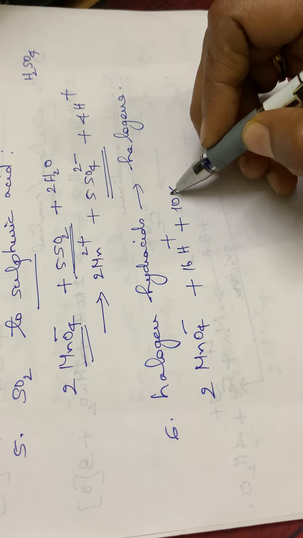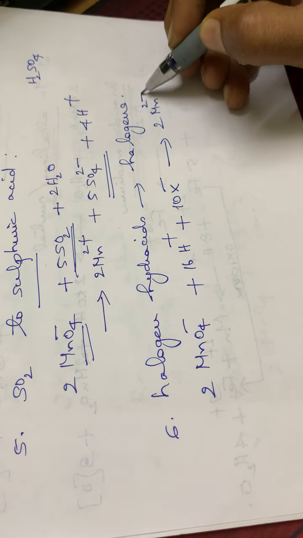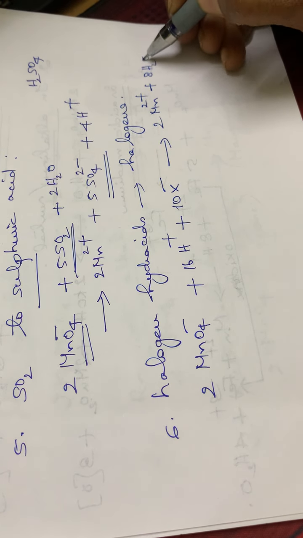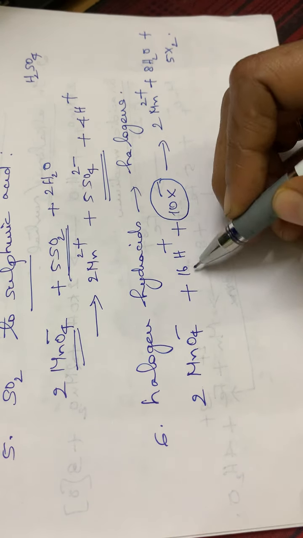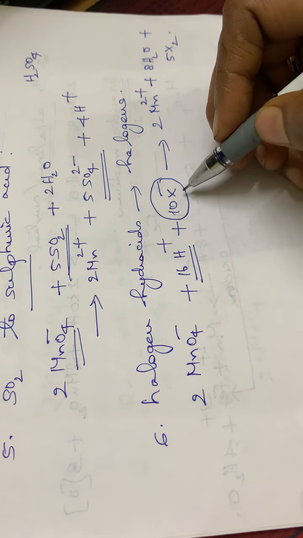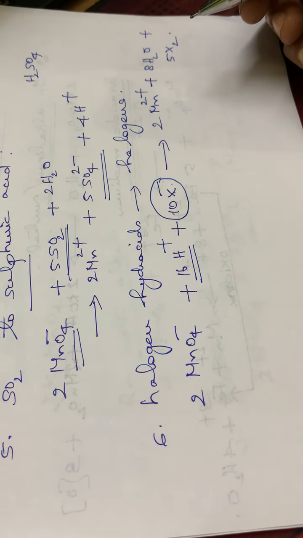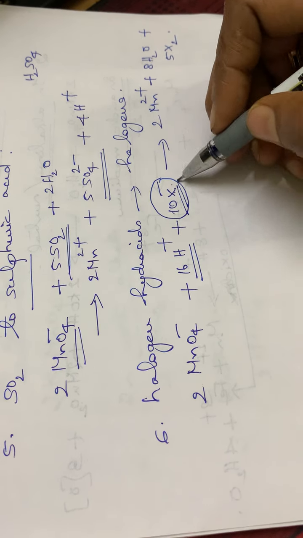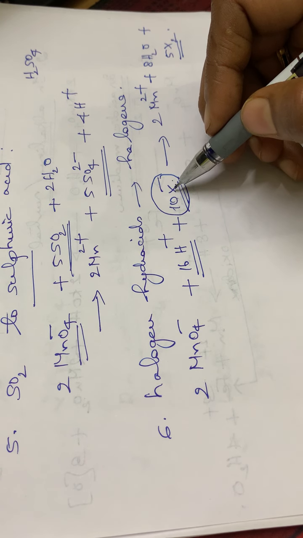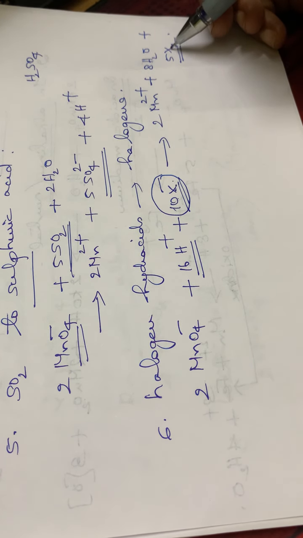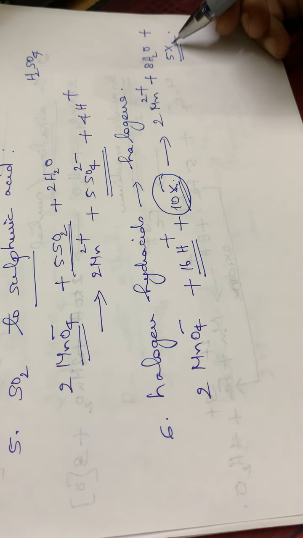Plus 10X minus, 10HX, okay, giving 2Mn2 plus, 8H2O plus 5X2. This is the part of sulfuric acid and this is halogen hydracids, that means HX, 10X minus. So this halogen hydracid, HX, is oxidized to halogens, X2. If it is HCl, then we will have Cl2. If it is HF, then we will obtain F2.